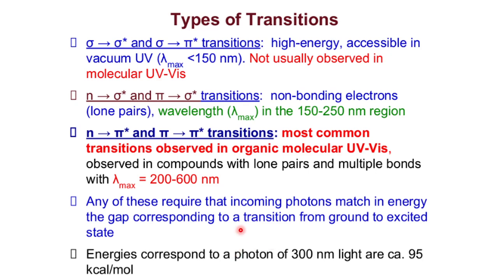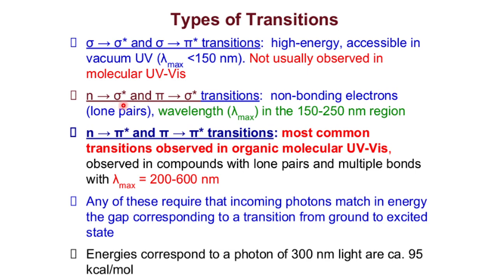Here it is showing the corresponding energy and the corresponding electron transition. I have already told you that sigma to sigma star, because of the higher energy, is equivalent to lambda less than 150 nanometer, so it is difficult to observe in molecular UV spectroscopy.